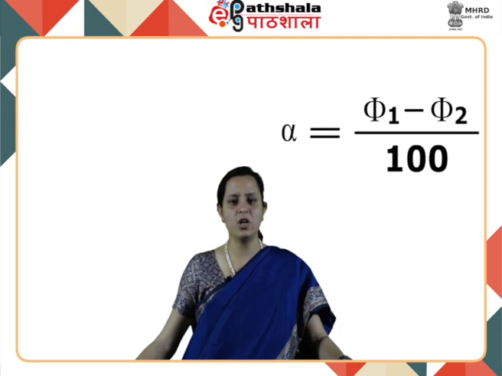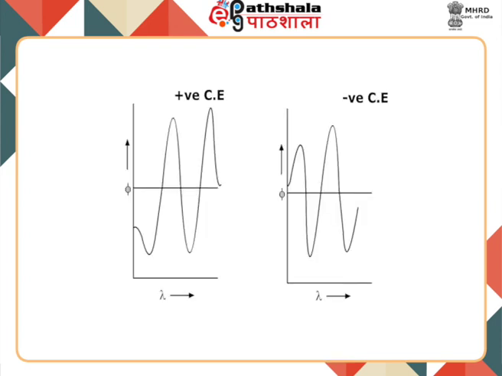So, molecular amplitude a is equal to theta 1 minus theta 2 divided by 100, where theta 1 is the molar rotation of the trough or peak from the shorter wavelength, and theta 2 is the molar rotation of the extreme peak or trough from the higher wavelength.